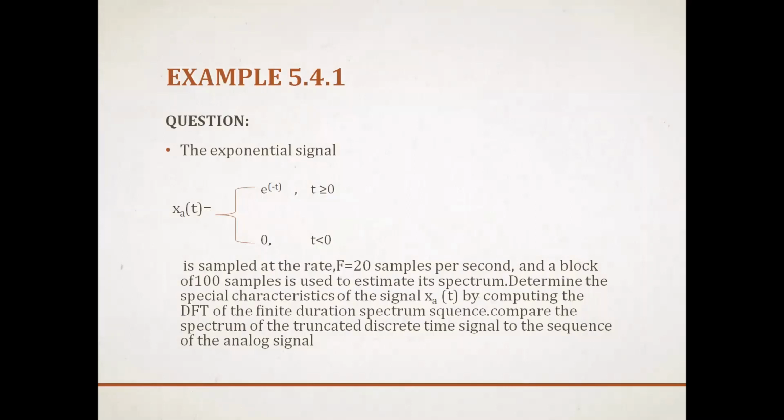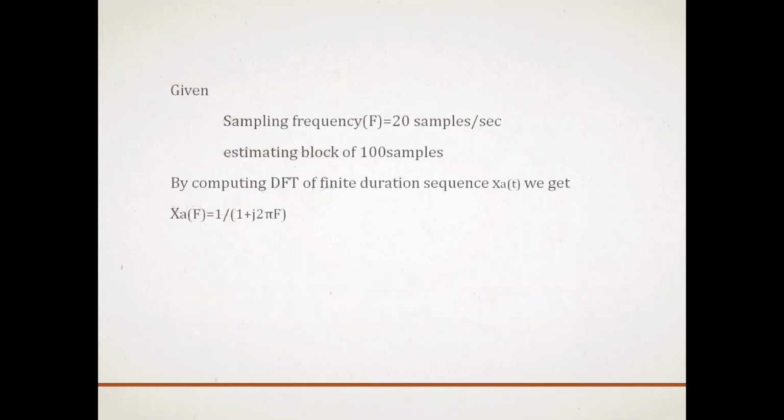We sample at the rate of 20 samples per second and a block of 100 samples is used to estimate its spectrum. Determine the spectral characteristics of the signal xa(t) by computing the DFT of the finite duration sequence. Compare the spectrum of the truncated discrete time signal to the spectrum of the analog signal.